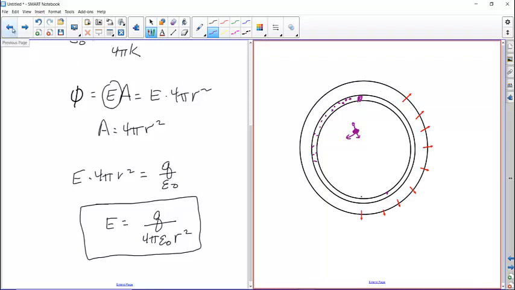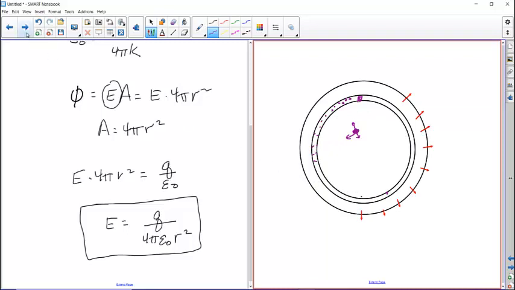Okay, so that's just a little insight into Gauss's law for this particular case, where you have a charged sphere inside of a larger mathematical sphere.